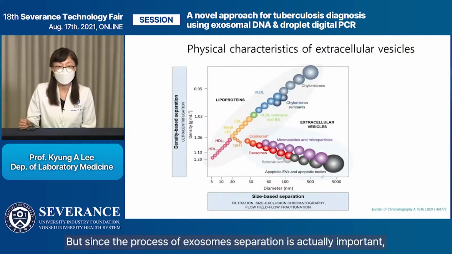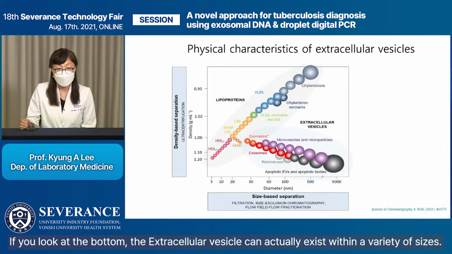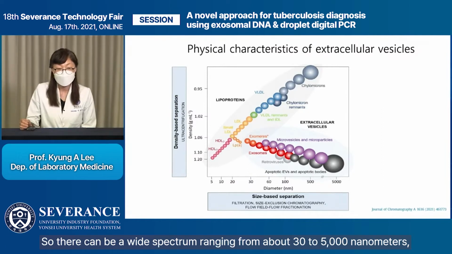But since the process of exosome separation is actually important, we need to know the physical properties of the extracellular vesicle. If you look at the bottom, extracellular vesicles can exist in a variety of sizes, a wide spectrum ranging from about 30 to 5,000 nanometers.